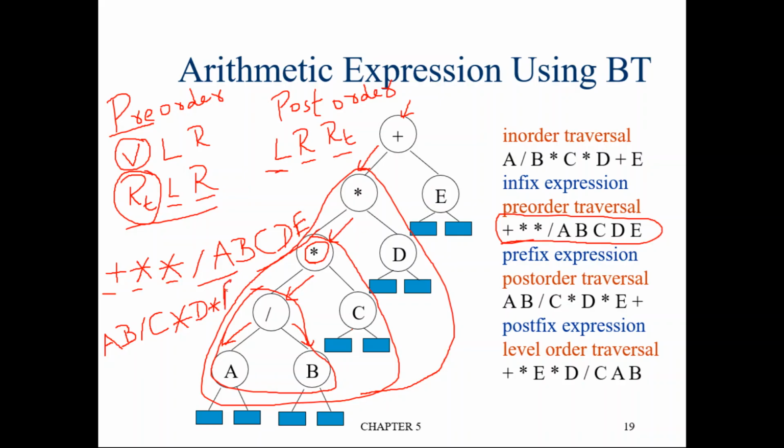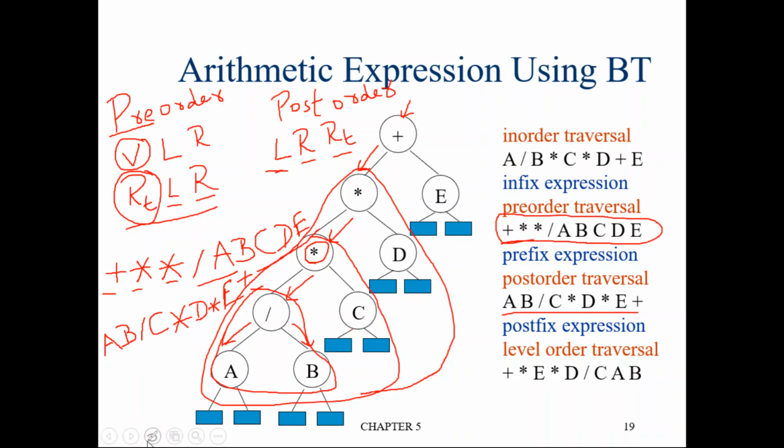E. Now for the main root node, its entire left subtree is visited, and its right child is also visited. So now visit the root node. Plus will come here. So A, B slash C star D star E plus. This is the order of visiting when you follow post order traversal.